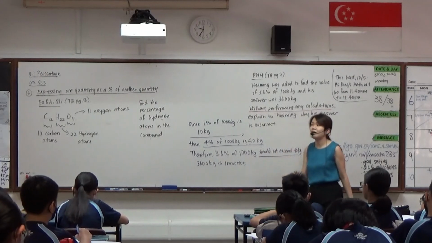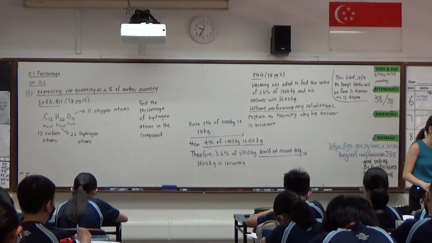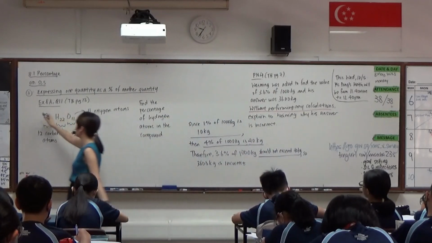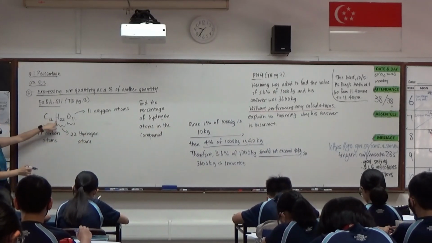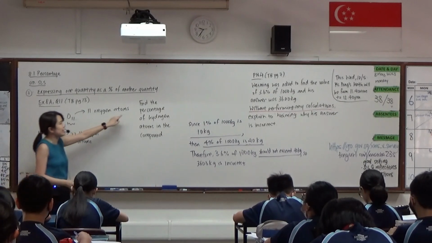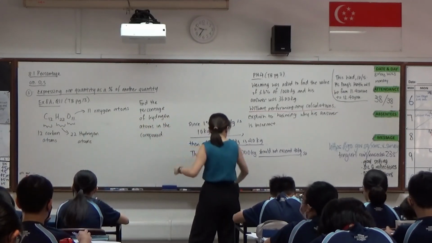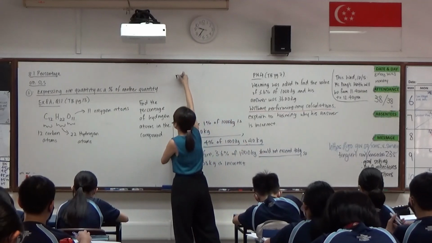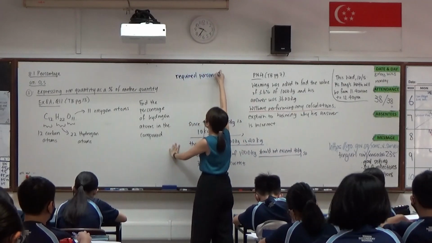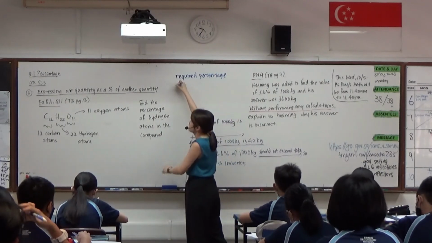Hydrogen will just be this, which means that there are 22 hydrogen atoms. To present our answer, you can write down "required percentage", so that you don't need to write such a long sentence.